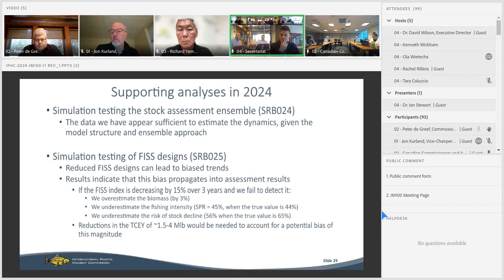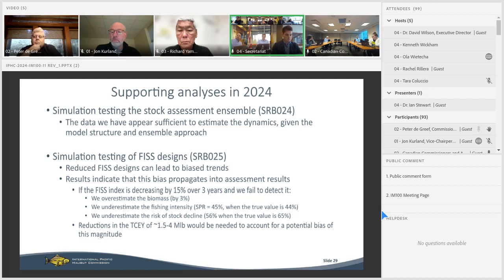It didn't translate directly into a 15% bias in this particular scenario, but in fact was a somewhat smaller bias, and probably that was helped by the fact that the fishery data were also there in the simulation analysis. But the way to interpret this would be that if in fact we had a bias that we didn't know about, we would be overestimating the biomass somewhat, and we would be underestimating the fishing mortality.